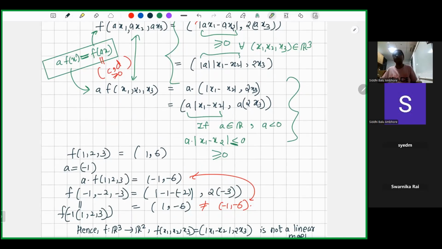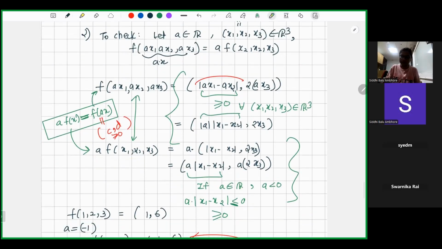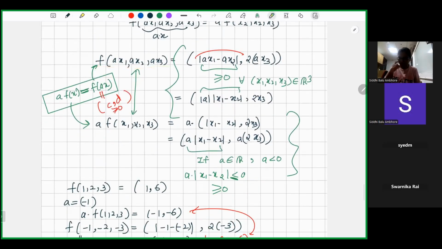But when the scalar is totally outside, it may become negative. When I'm taking the condition in the codomain part, this is happening in R2 and this is happening in R3. Yes, this is in R2 and this is in R3.